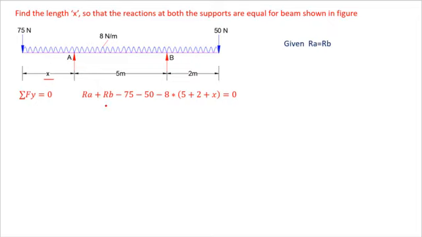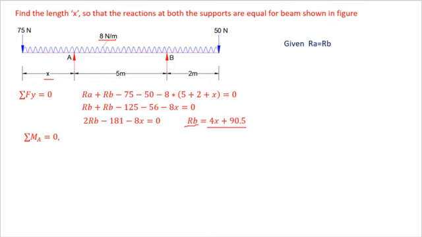So first, summation of Fy equal to 0: Ra plus Rb minus 75 minus 50 minus 8 Newton into this entire span, that is 5 plus 2 plus x, that is the load. If you solve this, you will get Rb equal to 4x plus 90.5. This is one equation. Then I will apply moment at A equal to 0.